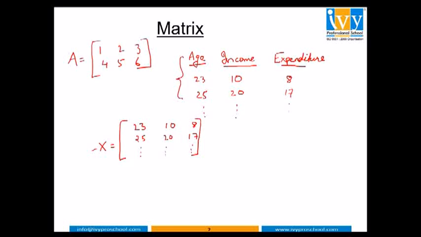Now, about the dimensions of a matrix, the dimensions of a matrix is always represented by rows cross columns.